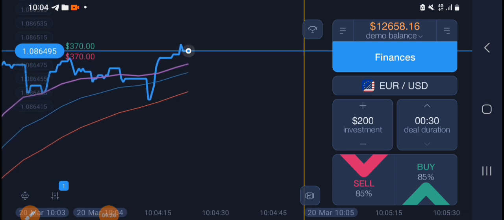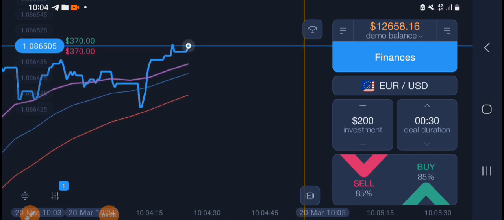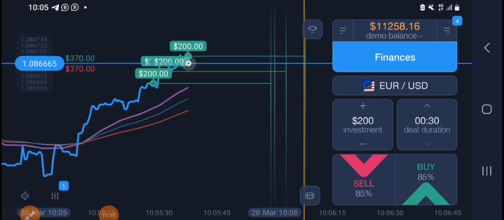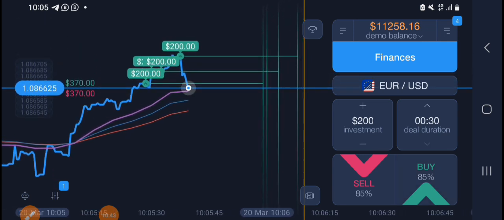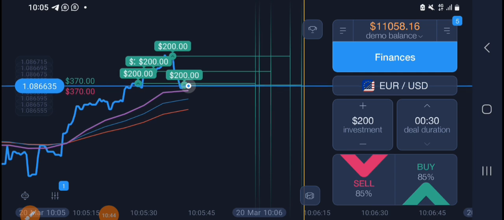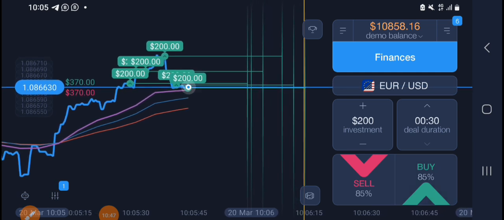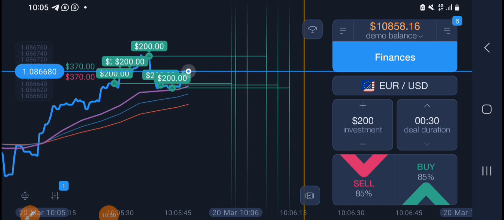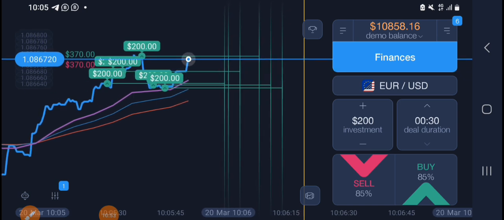Alright, we'll place a trade right now, and this strategy is very good. These are one of the strategies I use in covering any loss I've made before now.